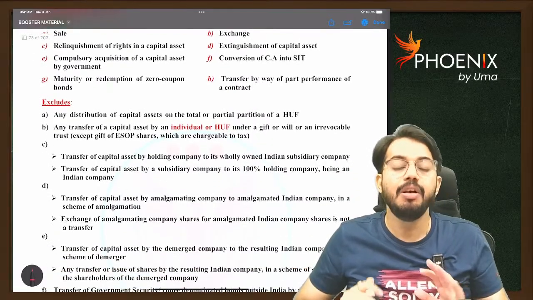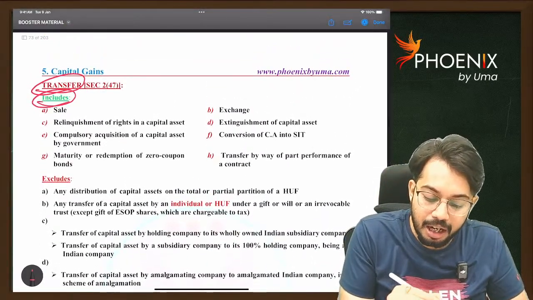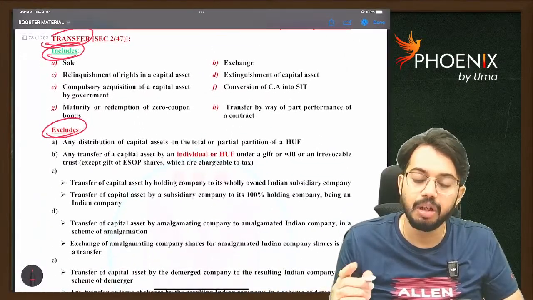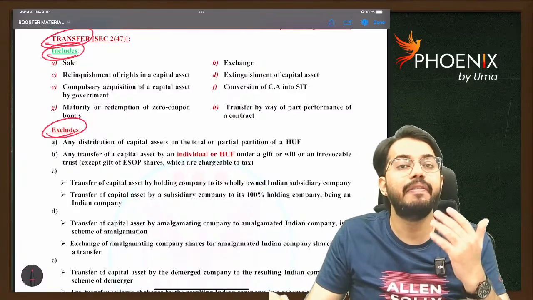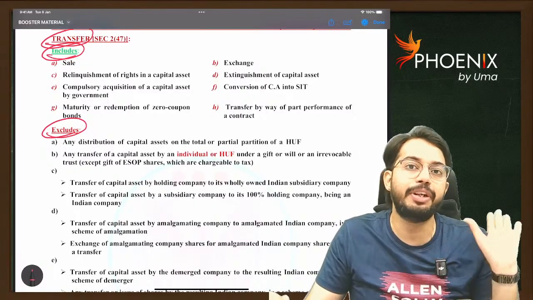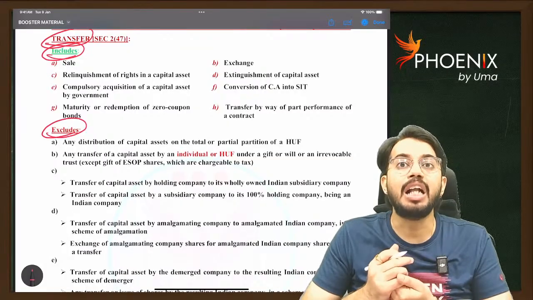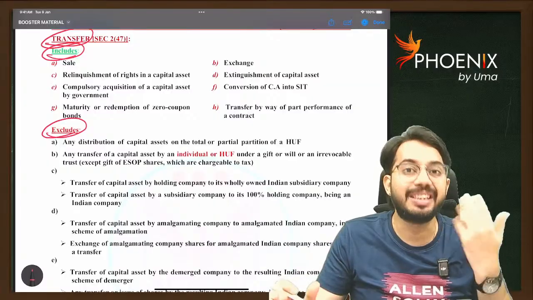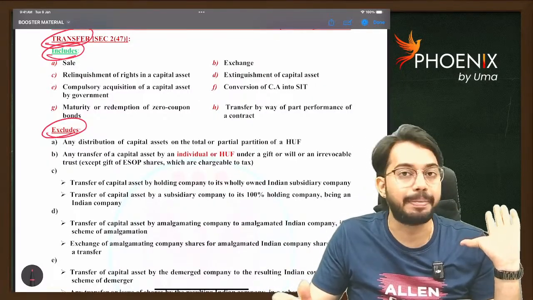Now, the transfer definition has some inclusions and some exclusions. If any transaction is included in the definition of transfer, we will calculate capital gains. Otherwise, we do not. Transfer includes sale. That means if you sell any capital asset, you are required to calculate capital gains.